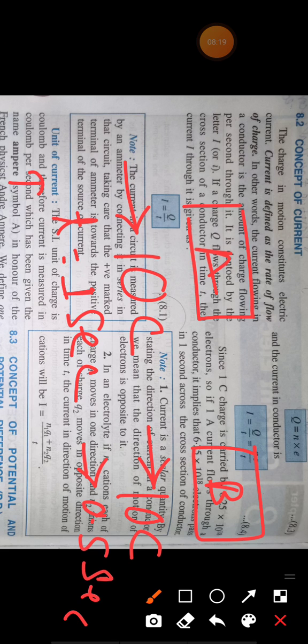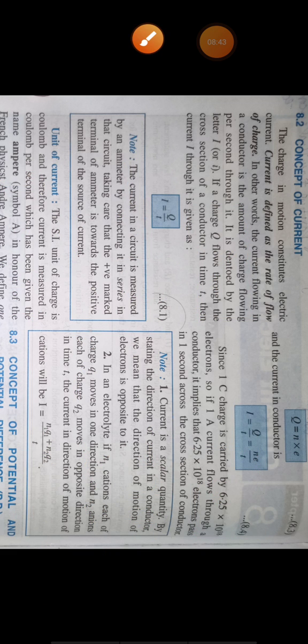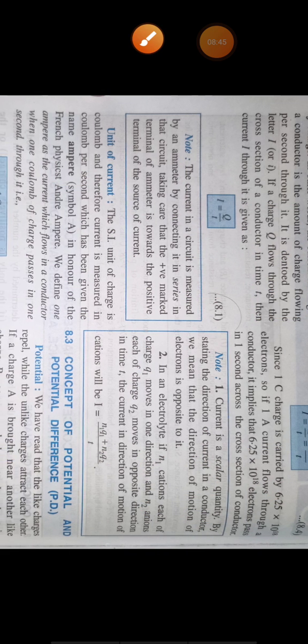So the current in A is 10 by 1, that means 10 ampere, but the current in body B will be 10 by 0.5, which means 20 ampere. So you can increase the current by decreasing the time, and also by increasing the flow of charge.